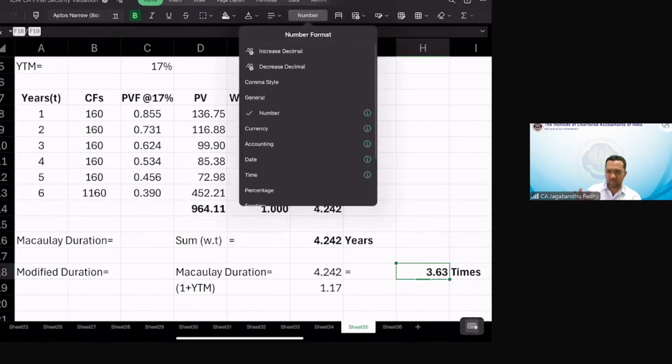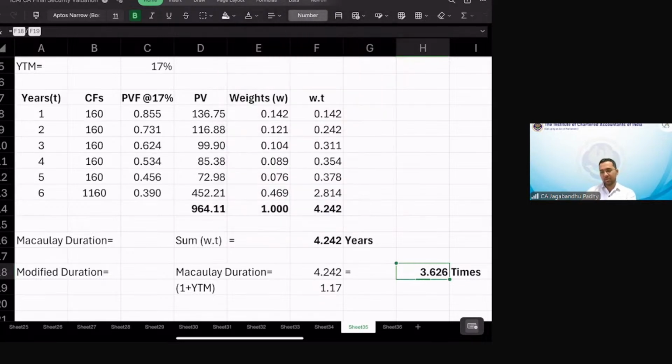Maybe one more decimal, it would be 3.626 times. Yes, did we get this number? Yes, did we get this?